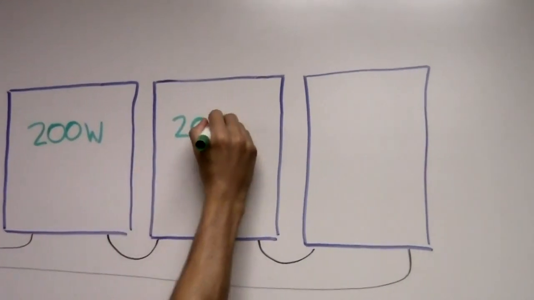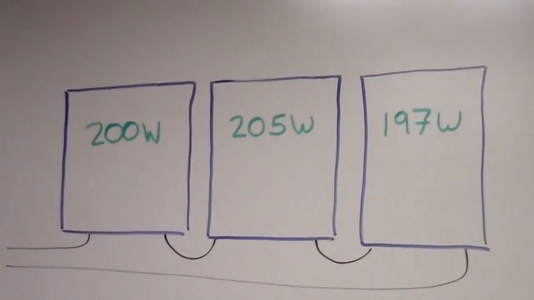When modules come off the line, a particular brand, they're not exactly all the same wattage when they're tested. They could be plus or minus a couple of watts each. And back to the string inverter type of architecture, when panels are wired in a series string, for a 200 watt panel, one may be 205 watts, one may be 197 watts.